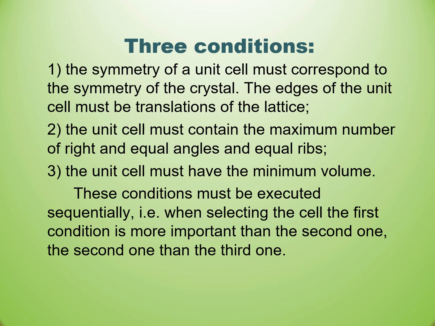The second, the unit cell must contain the maximum number of right and equal angles and equal edges. Third, the unit cell must have the minimum volume or the minimum square. These conditions must be executed sequentially. In other words, when selecting the cell, the first condition is more important than the second one, and the second one than the third one.